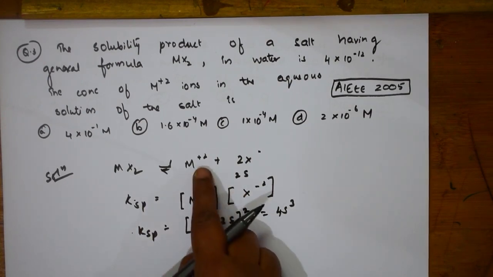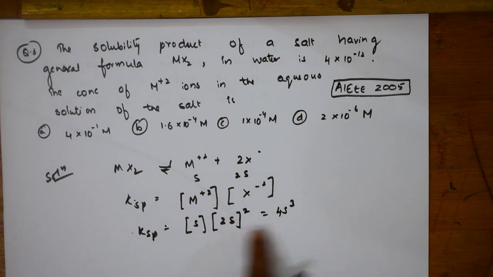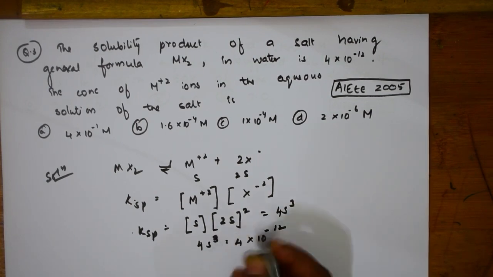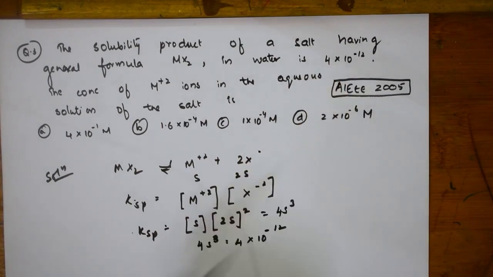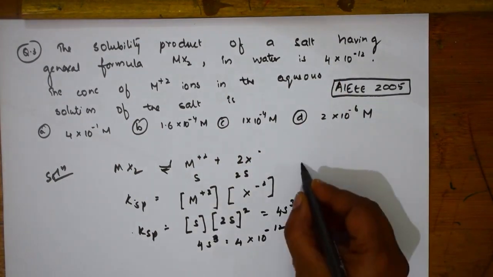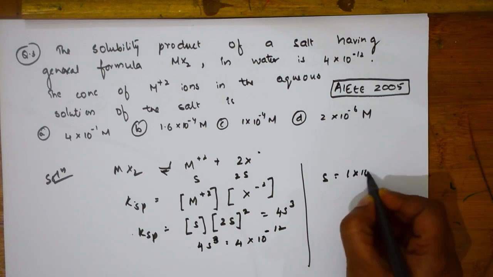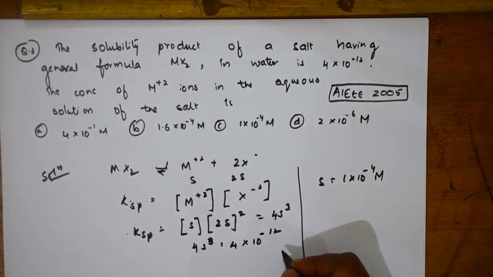In that I've substituted this value which is given. We got 4S cube. So if I have to solve this, S cube is equal to 4 into 10 raised to the power minus 12, which they have given here. So if I am solving this, S is equal to 1 into 10 to the power minus 4 molar.